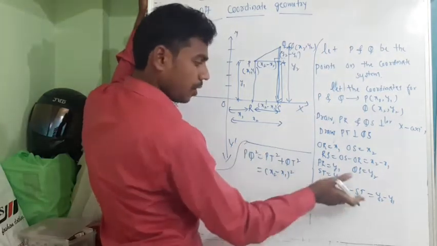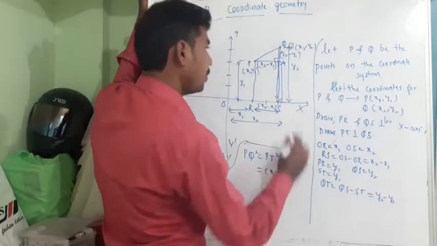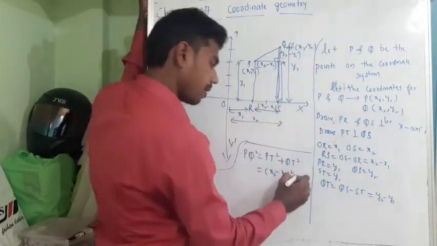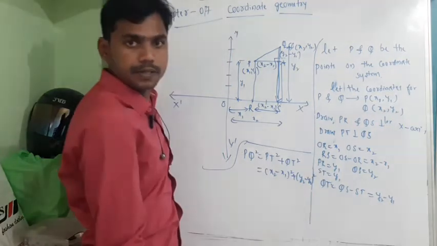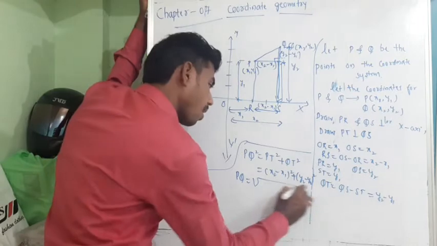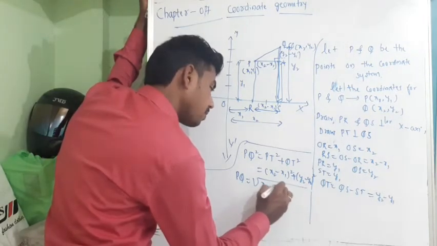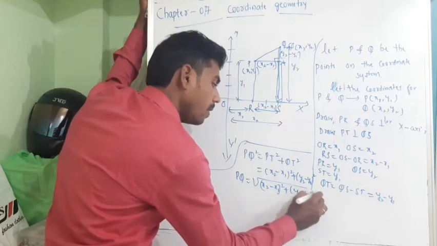I am continuing here because I don't have space. So x2 minus x1 square plus QT square, y2 minus y1 square. Understood? So PQ is equal to square root of x2 minus x1 whole square plus y2 minus y1 whole square.